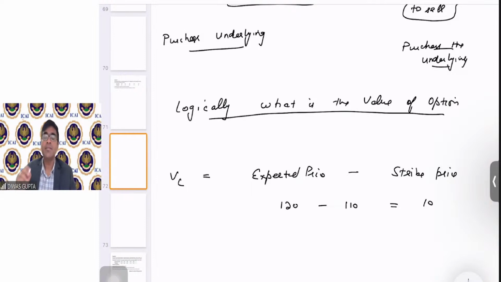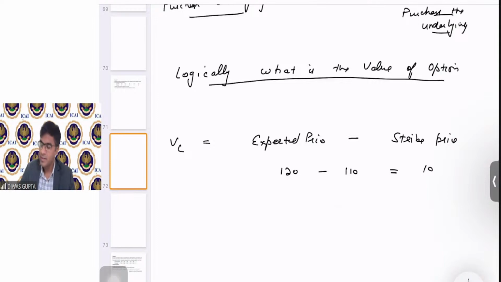And similarly, the person who is selling this option will bare minimum expect 10 rupees, because that seller of the option thinks that on expiry 10 rupees needs to be paid. Okay, students? So the premium will not be higher than 10 rupees.